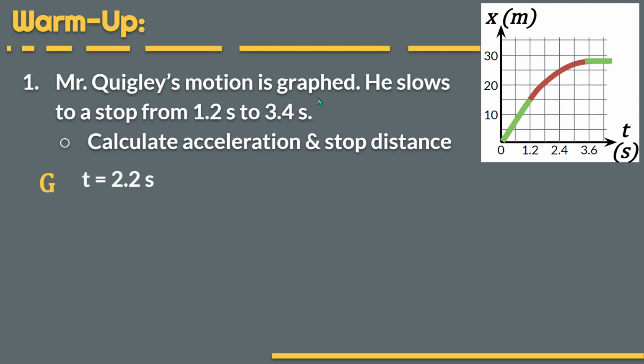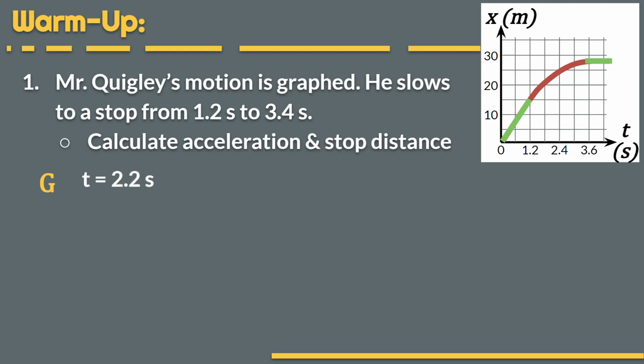Again, I got that value because they gave me the numbers in the question, and I subtracted them. From 1.2 to 3.4 seconds is a duration, a time of 2.2 seconds. So that's the time of his acceleration. I don't want the whole time of the graph. I only want the time when he's accelerating because I'm using a calculation where I'm doing time of that acceleration.